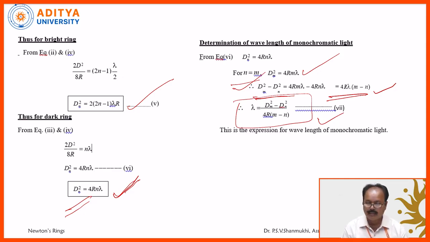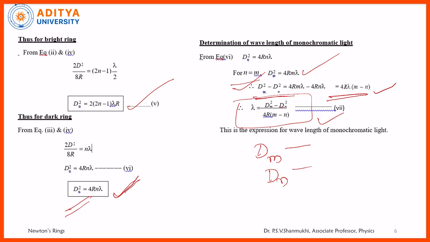In this expression, what are the notations? dm is the diameter of the mth dark ring, dn is the diameter of the nth dark ring, capital R is the radius of curvature of the plano convex lens, and m minus n is a number. Suppose I take the 8th dark ring and the 12th dark ring, d12 square and d8 square.